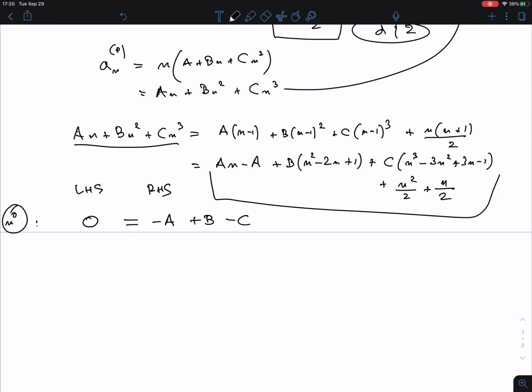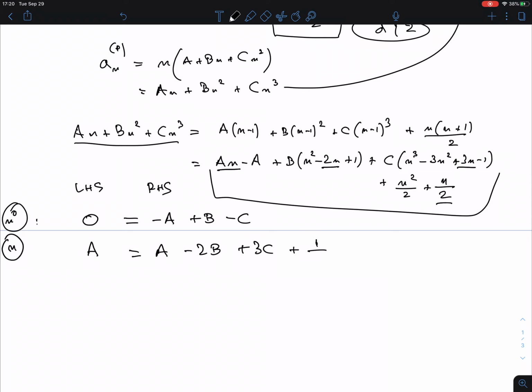What about the linear term? The term n: we have a on the left-hand side, and on the right-hand side we have a minus 2b plus 3c plus a half. It's the coefficient that we want, so don't write n over 2.